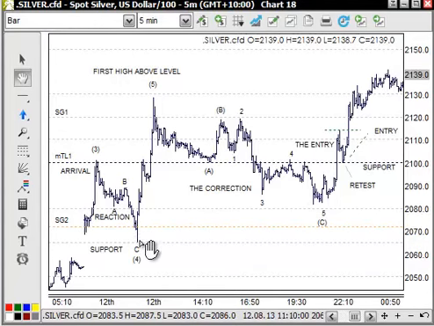Once that's been done and dusted, then we look for the first high above the level, which normally stays within group 1, the 10, 1, 2 and 3. If it ever found support on top of group 1, then we would trade long from that support, but tested support at the top of 3, 30 in this particular case, then we'll go long from that point.